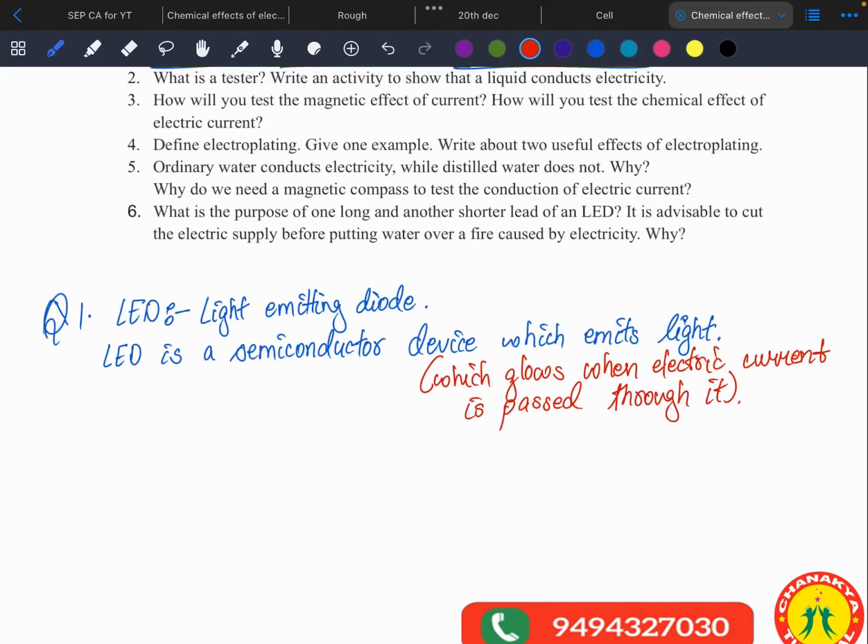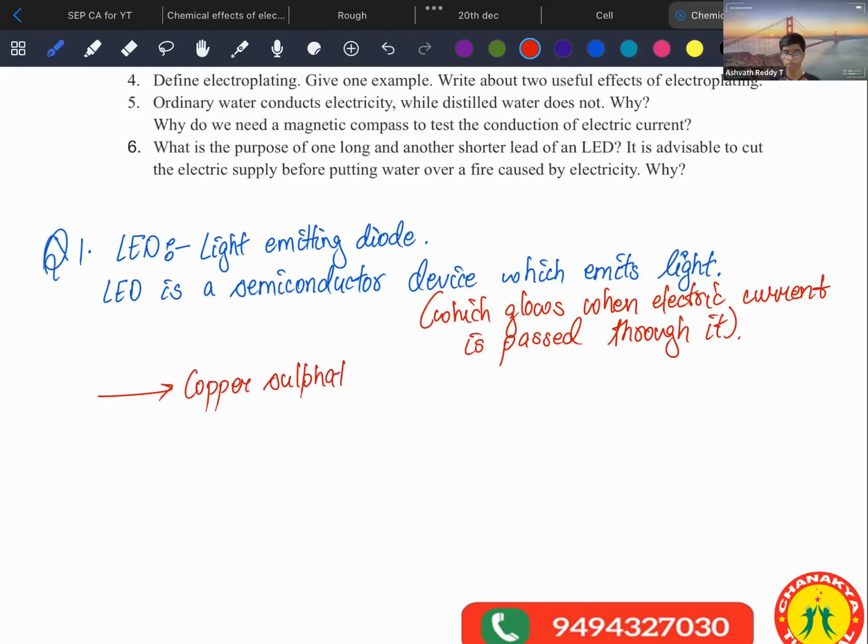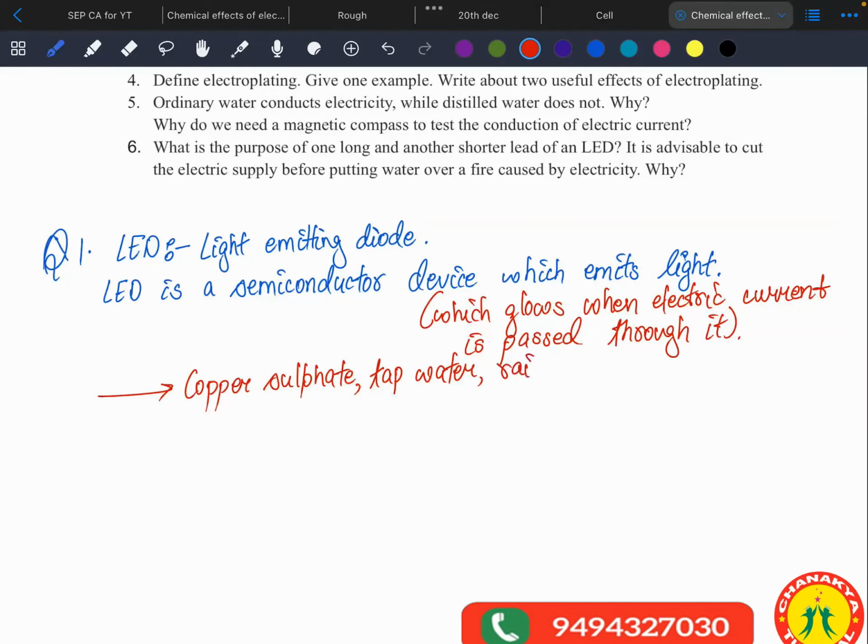Okay, and the three examples you can take: acid, base, and salt. Copper sulfate, hydrochloric acid, and basic and salt solution. Tap water. We can also consider rainwater. Sir, tell me the nature of rainwater. Is it normal, basic, or acidic? A little acidic. Yes.